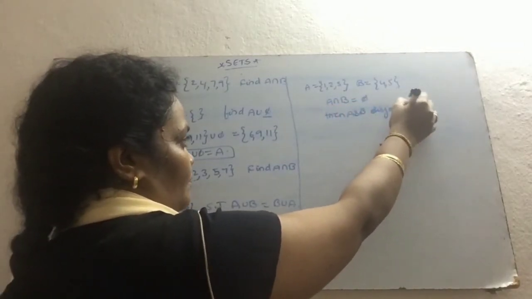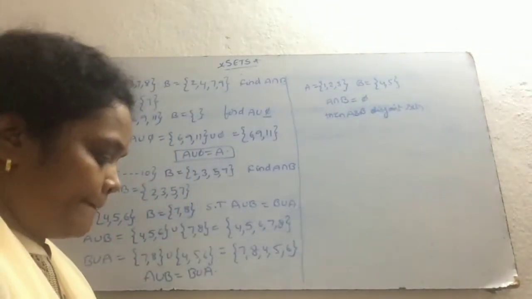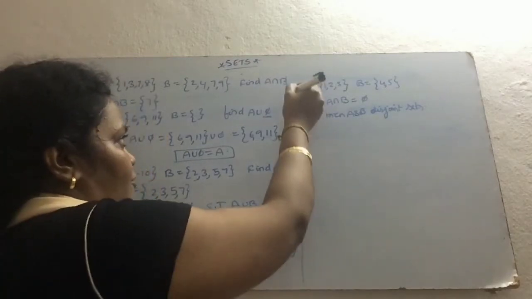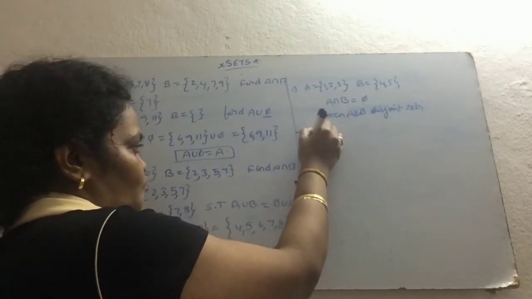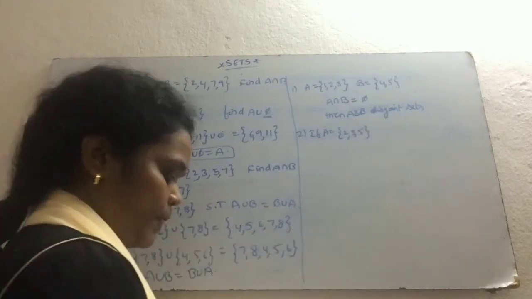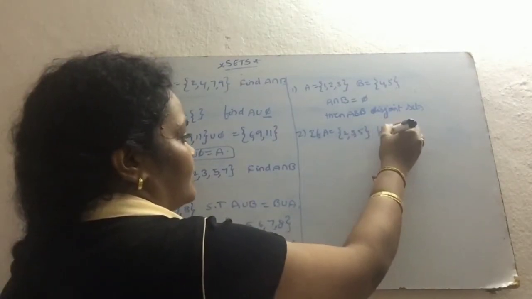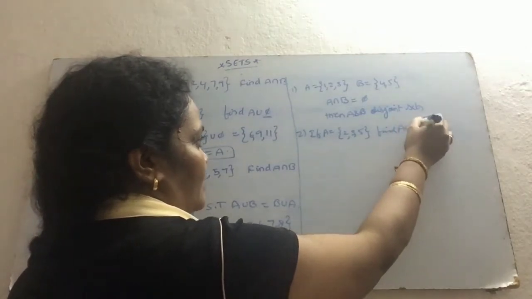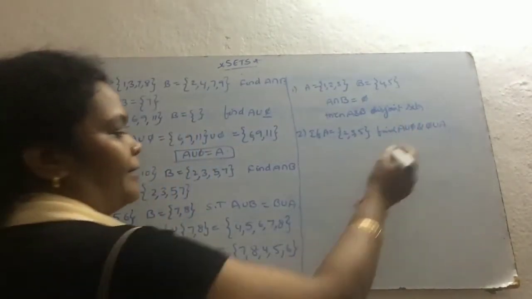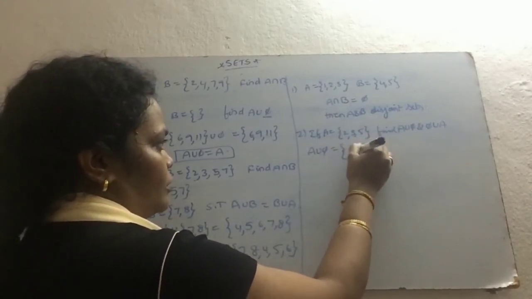And next one, if A equal to {2, 3, 5}, find A union empty set and empty set union A. Empty set means no elements, that means A union empty set equal to {2, 3, 5}.